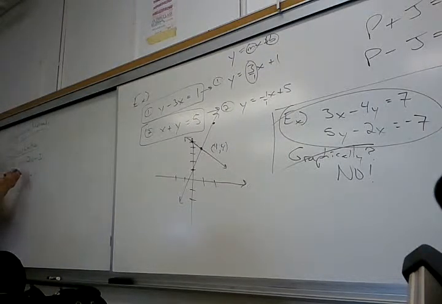Let's make it 13. Wouldn't you just go 4y minus 3 times parentheses 2y minus 3 close parentheses equals 13?